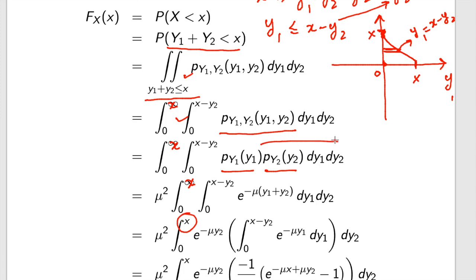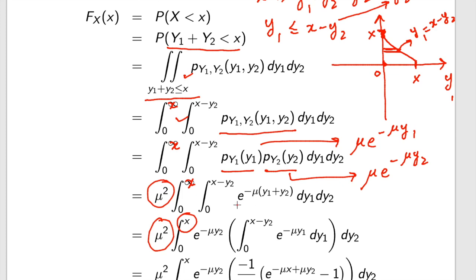So now this guy is mu e to the minus mu Y1, and then this guy is mu e to the minus mu Y2. So that's why you have a mu squared here, and then that's why you have a Y1 plus Y2 here.